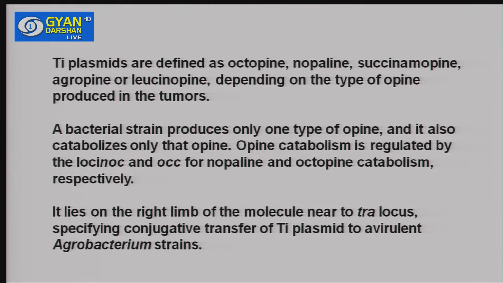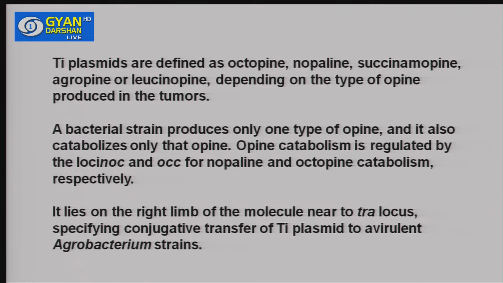A bacterial strain produces only one type of opine, and it also catabolizes only that opine. For example, if it is an octopine TI plasmid, then there is no question that it will synthesize or utilize nopaline. It will only synthesize and utilize octopine.